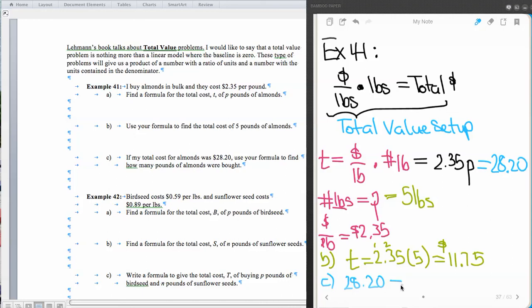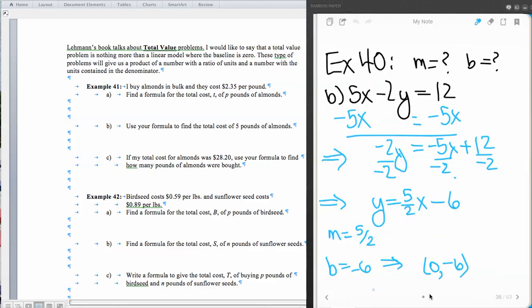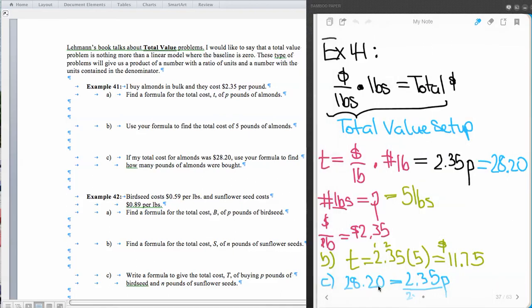And that is equal to our $2.35 and then times P. And of course now we're going to use the algebraic skills that we've developed in order to find P. So 235, we're going to divide by that. And then divide by that 235 here as well.